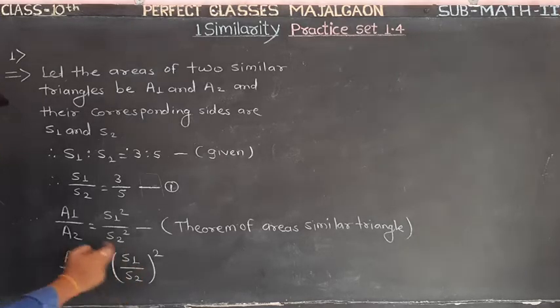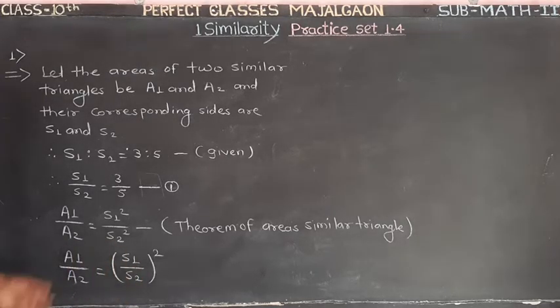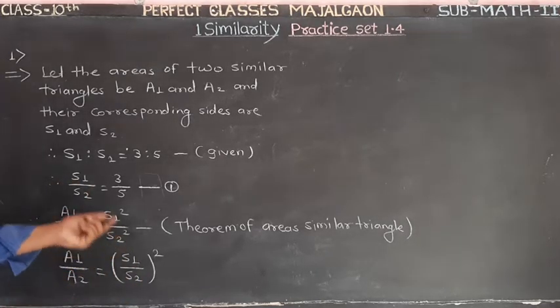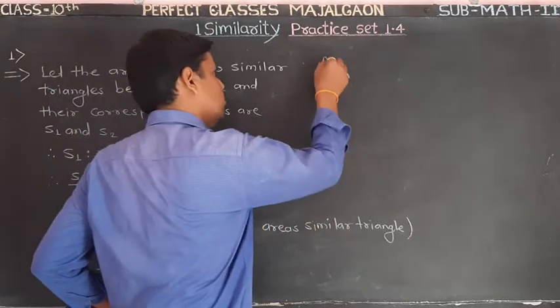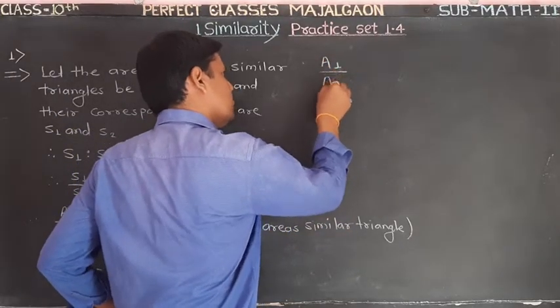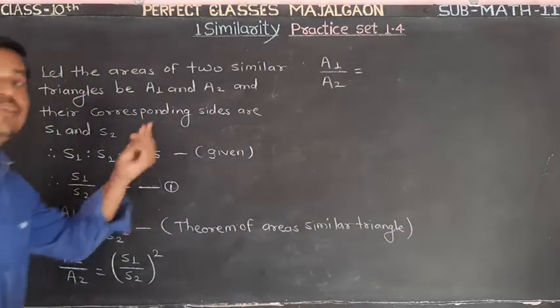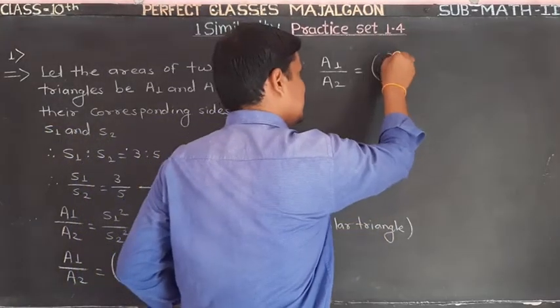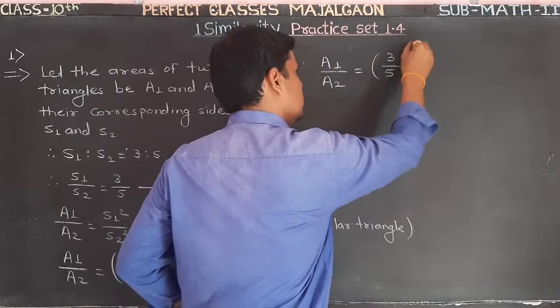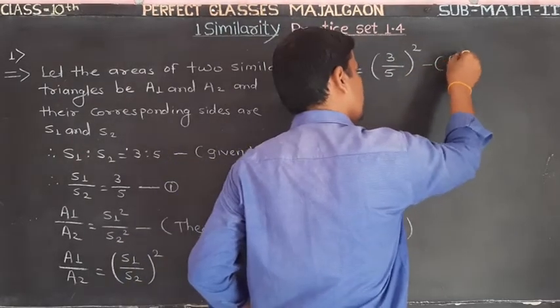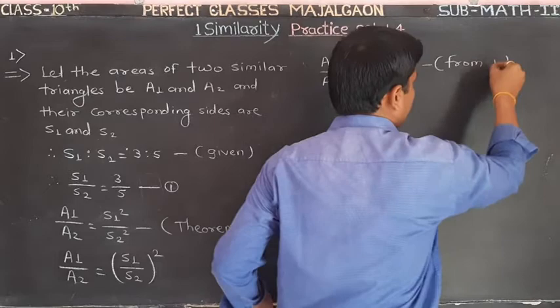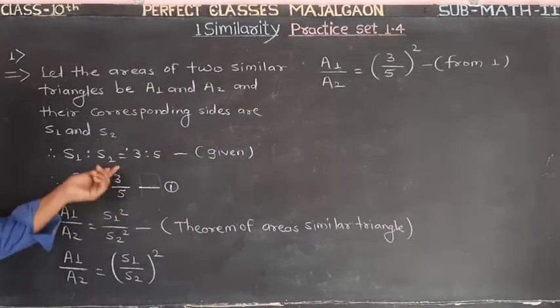Now we substitute the values of S1 and S2. A1 upon A2 equals (3/5) whole square. From equation 1 we write the value 3/5.